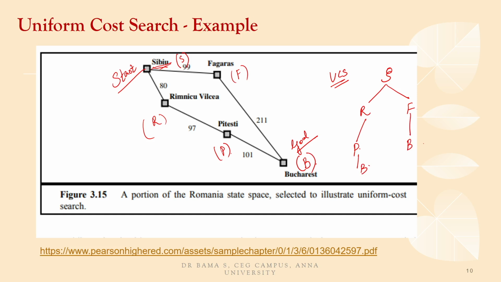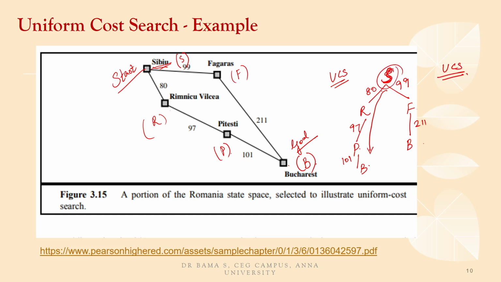From P it is B, and from F it is again B. If you see the cost for each one, from S to R it is 80, which I have written here, S to F it is 99, R to P it is 97, F to B it is 211, and P to B is 101. If you add these costs, this path is going to be minimal, and this is what uniform cost search indicates.